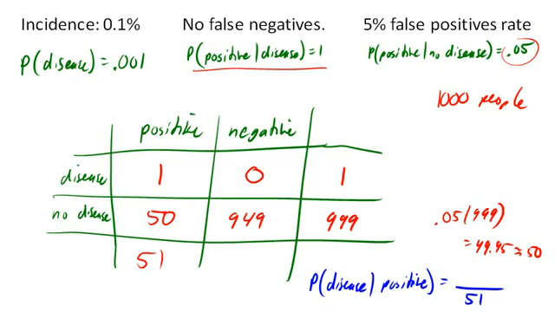And that comes out to about 1.96%. So, remarkably, even though this test has no false negatives and only a 5% false positive rate, if you test positive for this disease, there's only a 2% chance that you actually have it. And that should be surprising, but that is the result of our probability.